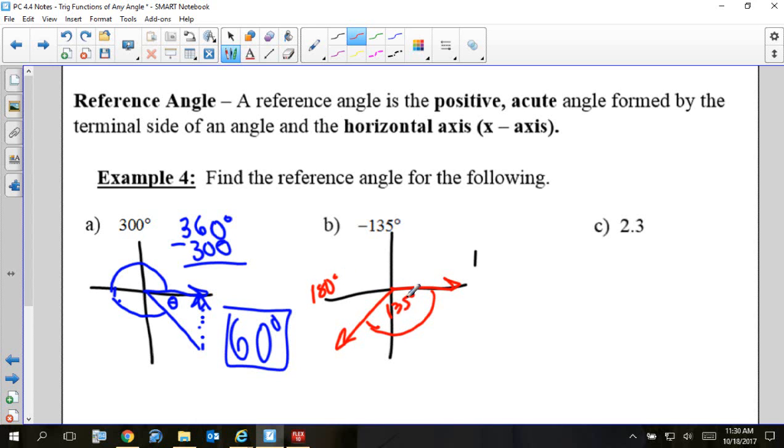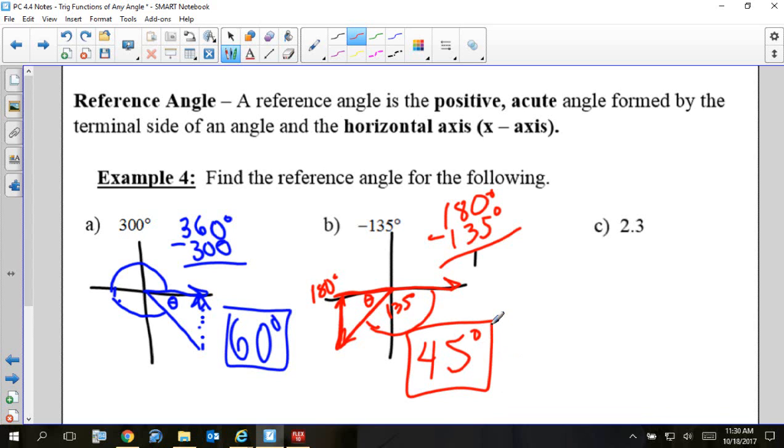So how do I find the theta that connects to the x-axis and the terminal side? 180, subtract 135, 45 degrees. Is it positive? Is it acute, between 0 and 90?